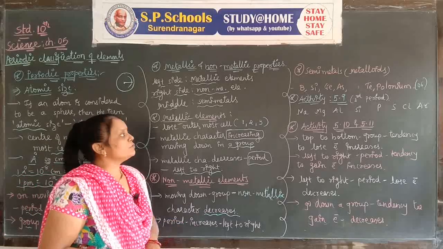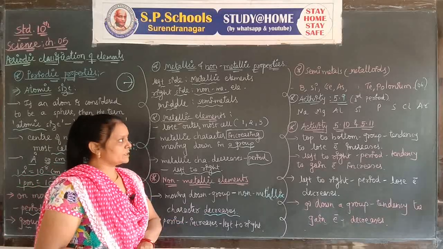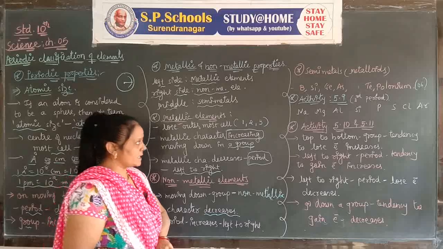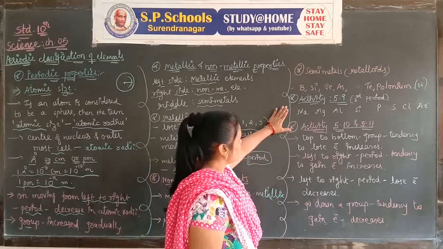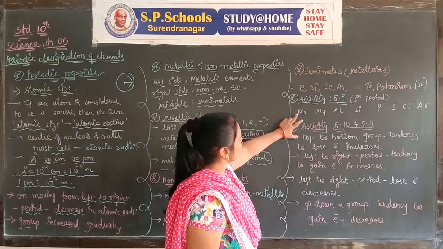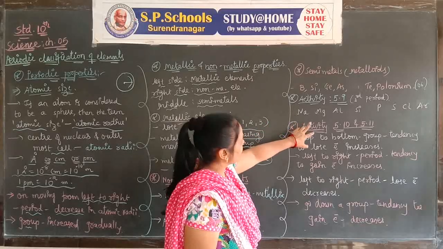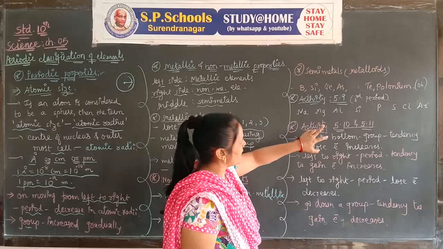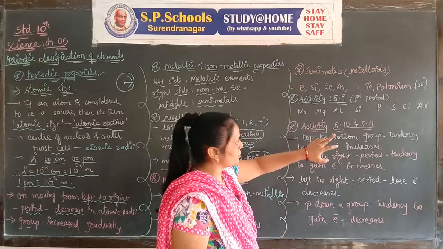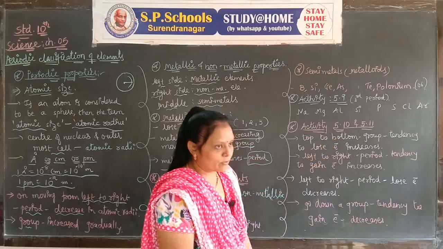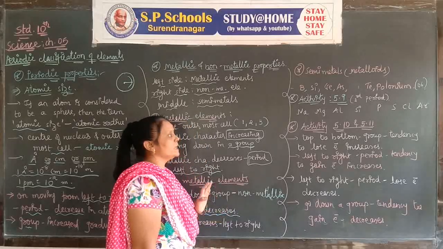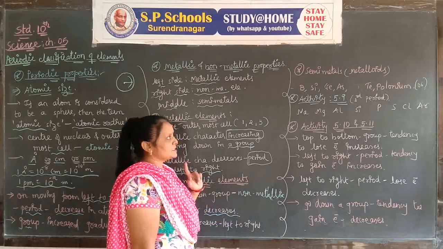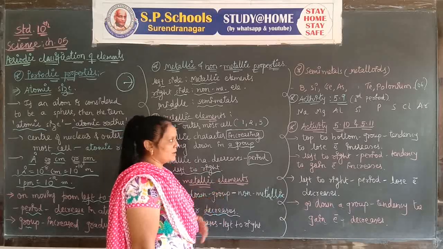You have to make a list of third period elements. We have the list for the third period: sodium, magnesium, aluminum, silicon, phosphorus, sulfur, chlorine and argon. You have to differentiate them into metals, semi-metals and non-metals.